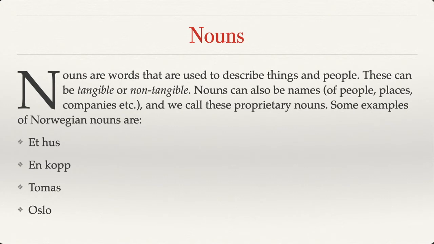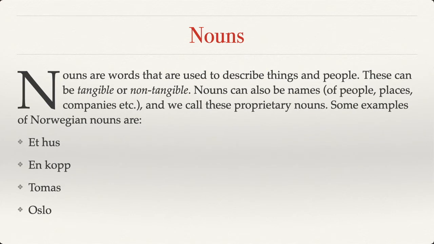When we talk about tangible, it's basically, can you touch it? So with tangible nouns, we're talking about windows, houses, cups, or people; these are things that we can touch. With non-tangible things, we are more thinking about concepts or abstract things like seasons or flavors. All of these things can be non-tangible nouns.